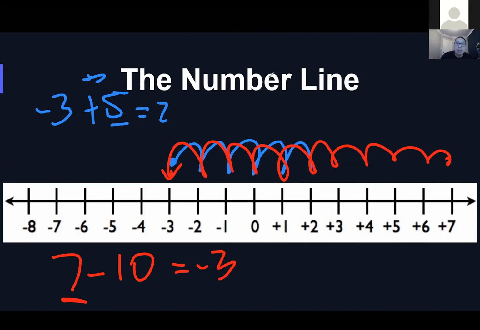Might be, let's see, -7 plus 1. Okay. So -7 plus 1. I'm just going to do this because everyone seems to be quite good at this. So start at -7, adding 1 goes to the right one, and I end up at -6.